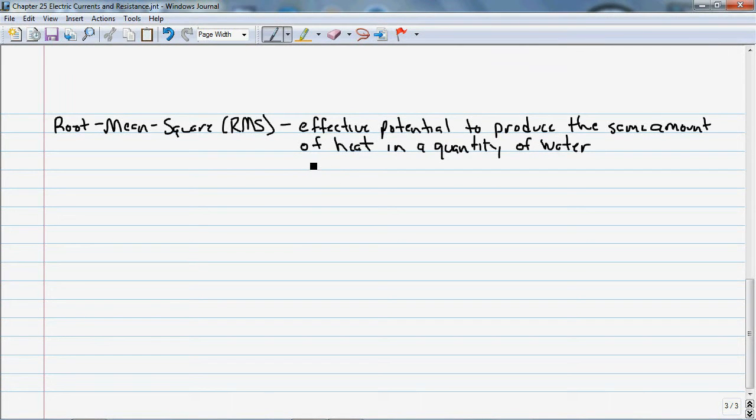And so basically it's the amount of energy to raise 1 cubic centimeter of water 1 degree Celsius.